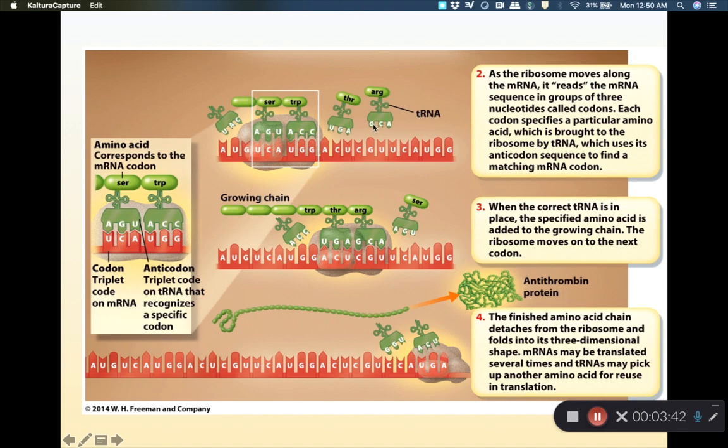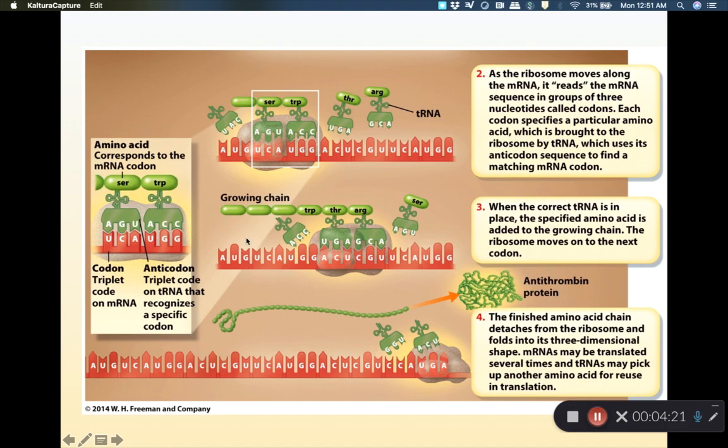And these transfer RNA are 3 or 1 codon units, and attached to each of these codons are the corresponding amino acids. So the ribosome is essentially taking this tRNA and connecting it with the appropriate 3 codon sequence. And above, you can see this growing amino acid chain that will eventually become a protein.